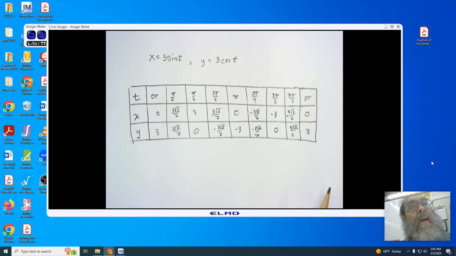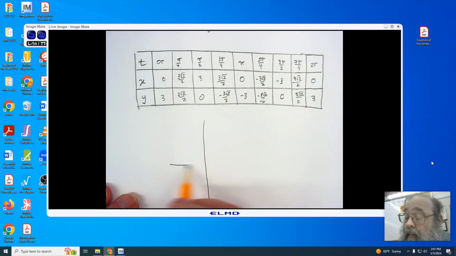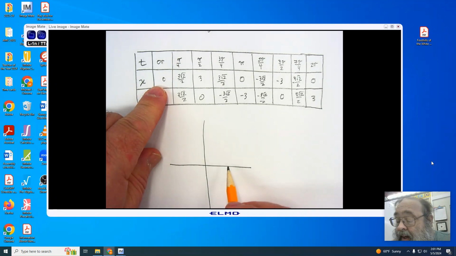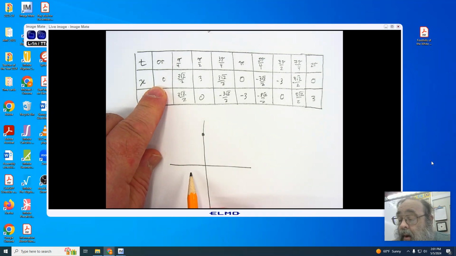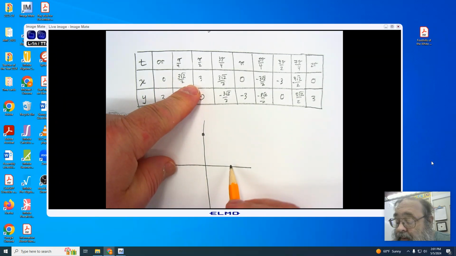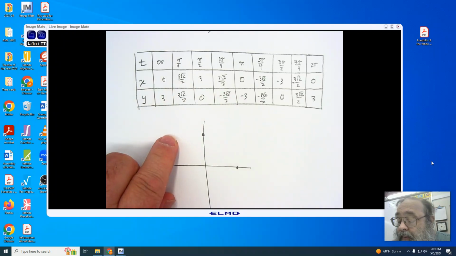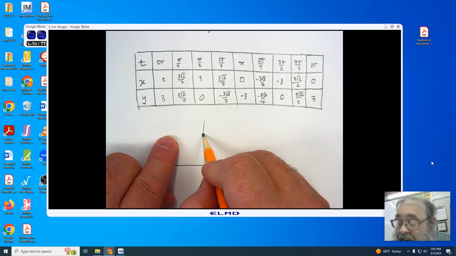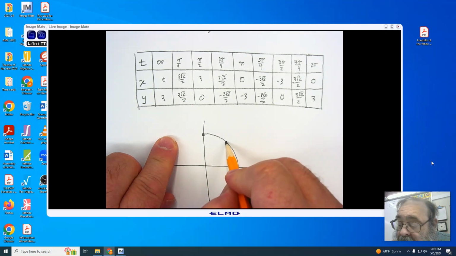Let's go ahead and graph it now. X is 0, y is 3. That's up here. Then we have 3, 0. X is 3, y is 0. Now notice, this is going around like this, and at pi over 4, we're sitting right there.